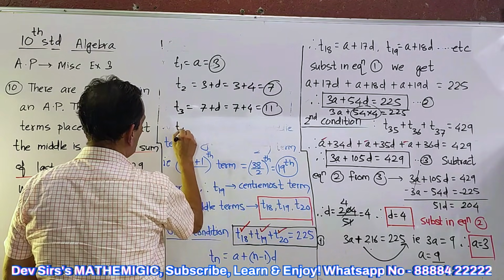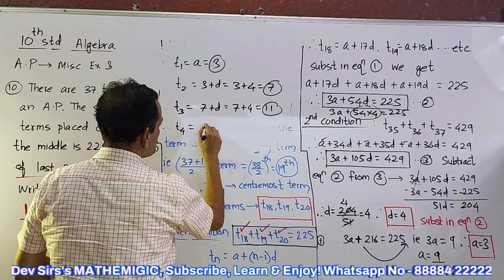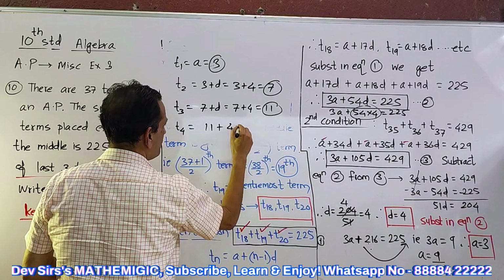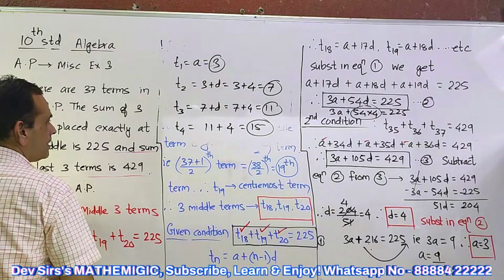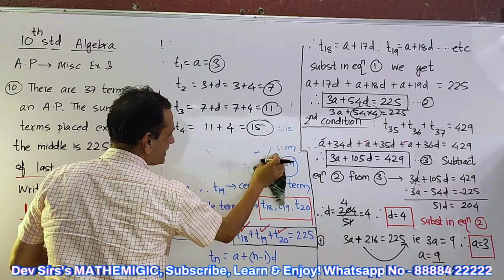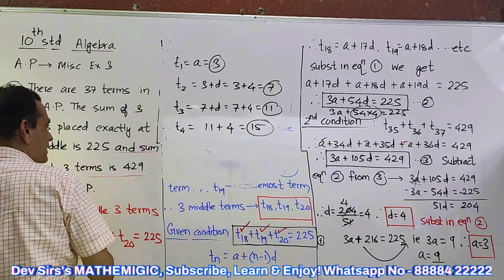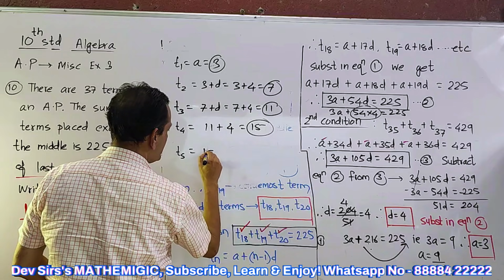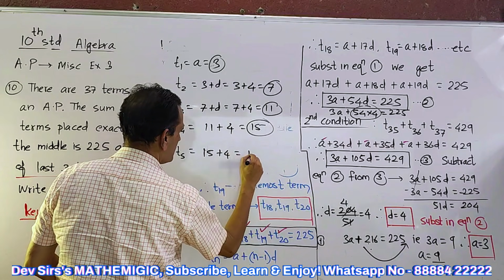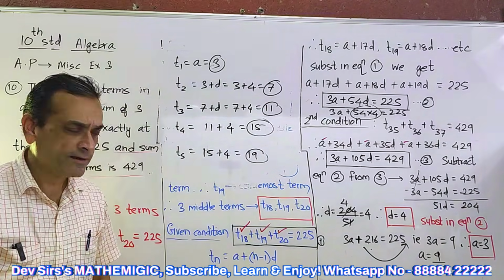T4, फर्स्ट आंसर प्लस डी. और एक लिखेंगे T5, पहले का आंसर प्लस डी. बस हो गया.